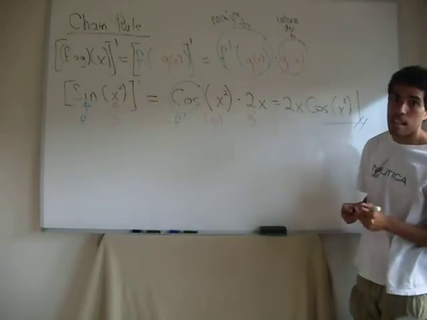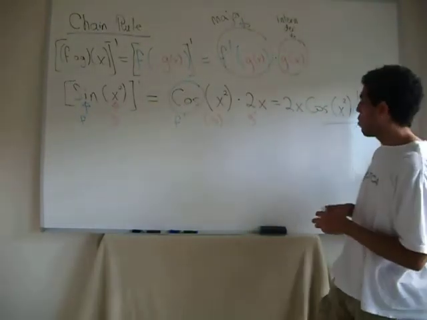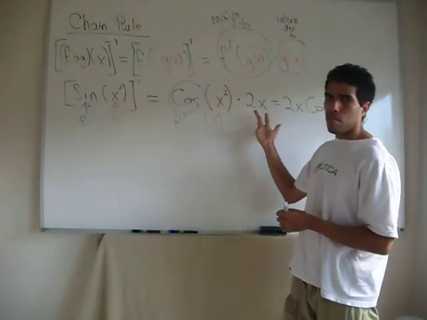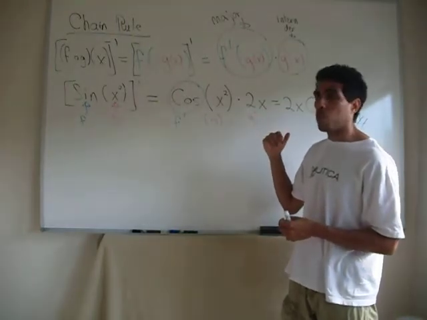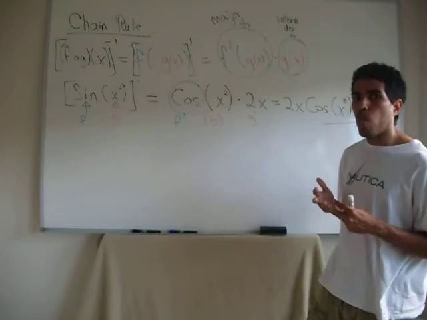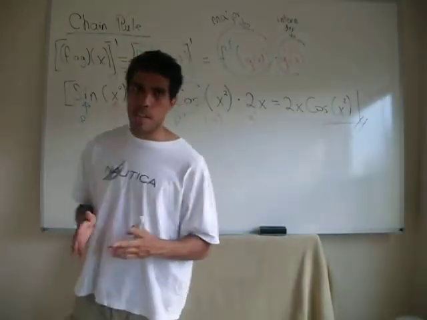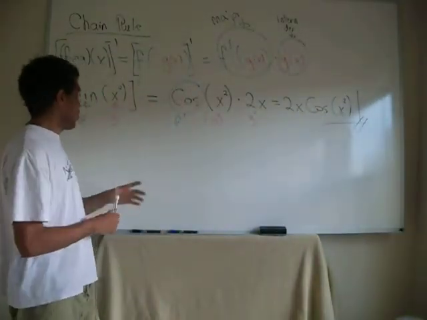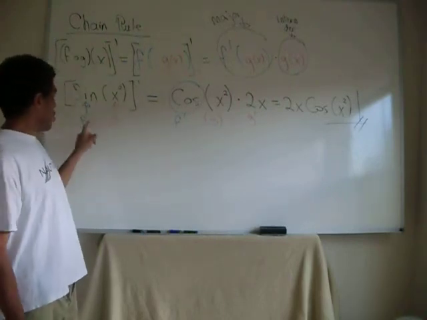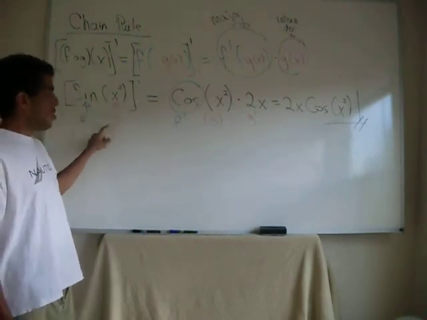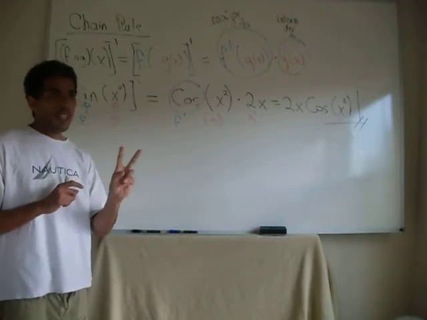Now, the first thing a lot of students ask is, why don't we take the derivative of 2x? Shouldn't that be an inner derivative as well? The answer is no. What is the original function? Go back to the root of the problem. The original function is sine x squared. So sine is f and x squared is g. Those are the only two functions happening.